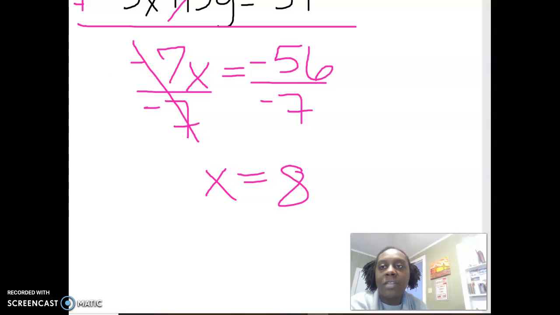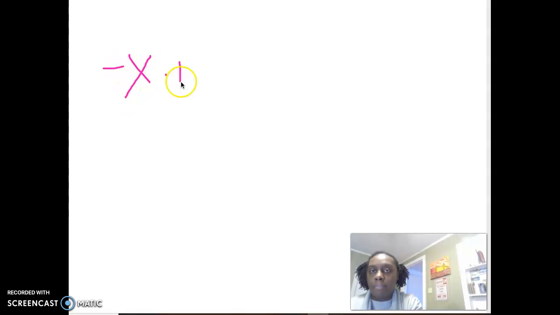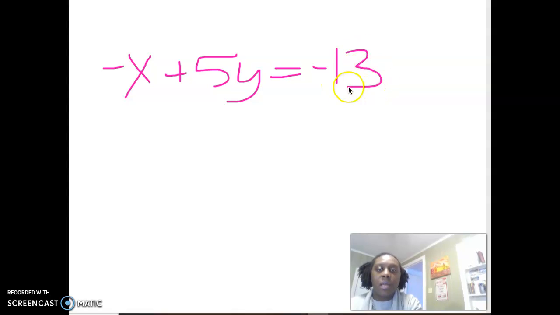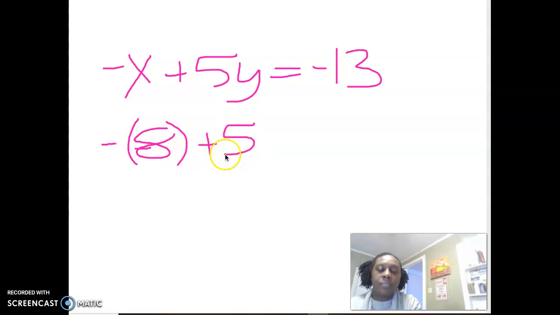Once I have found my x value, I can use that x to plug back in to get my y value. So I'm going to plug back into the first, no, I'm going to use the second equation. So negative x plus 5y equals negative 13. And I'm going to plug in that negative 8, positive 8 for the x.